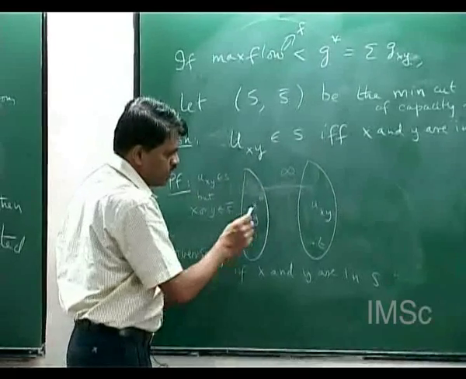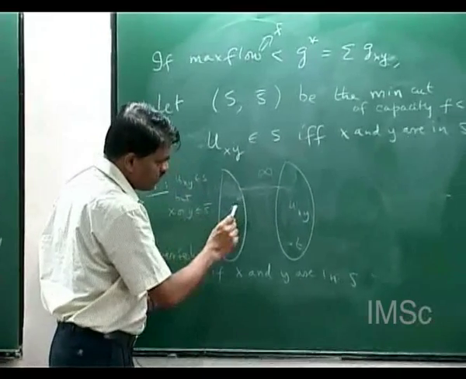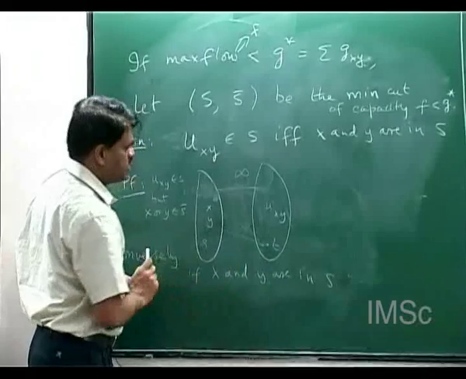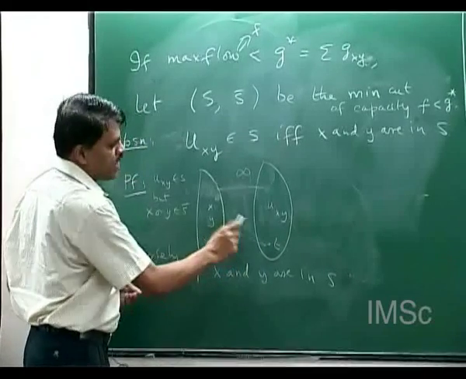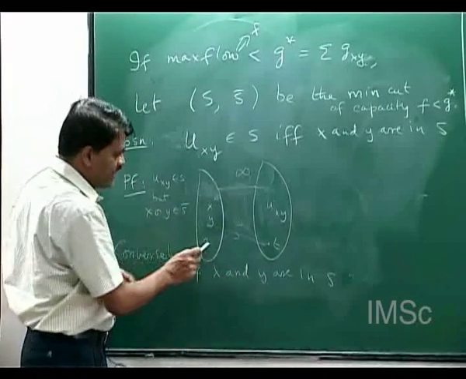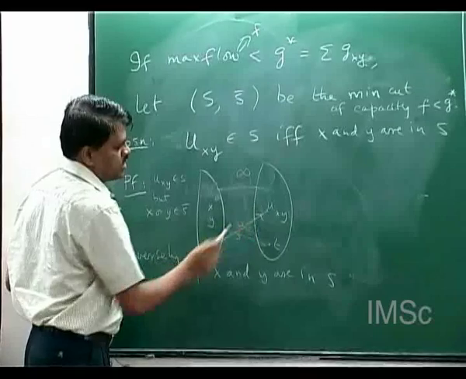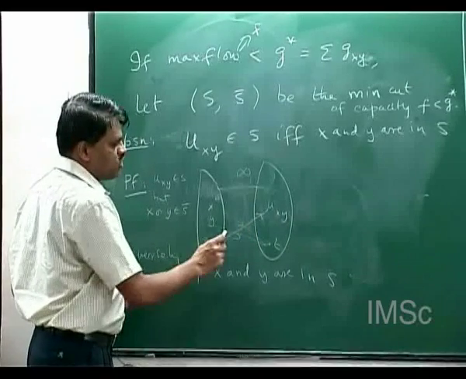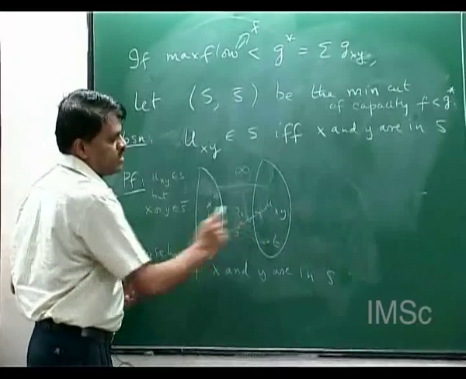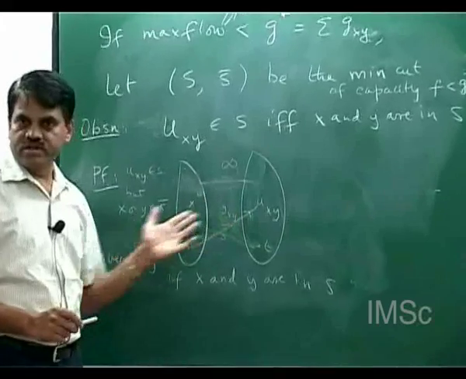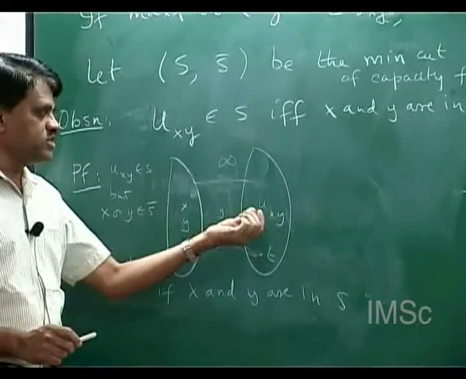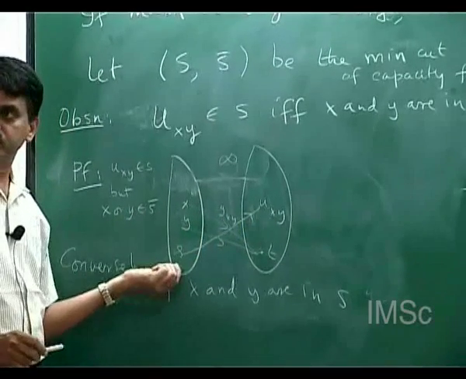What about x and y? They will have some edges to T, yes, that is m minus w x, and this has an edge of g x y capacity going there. So, what if I just pull u x y and put it here? What do I get?